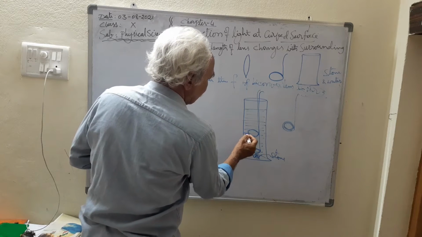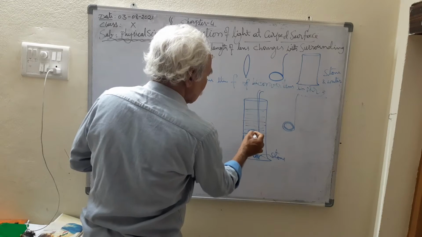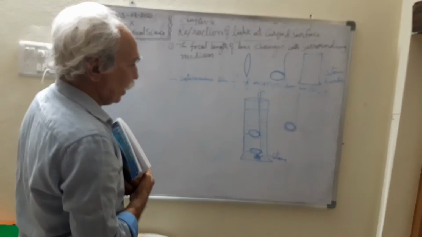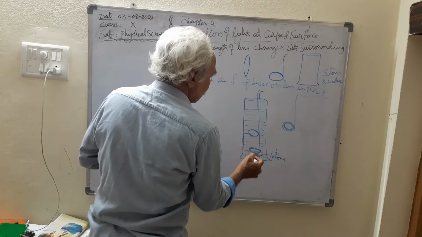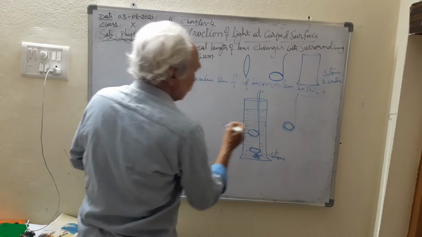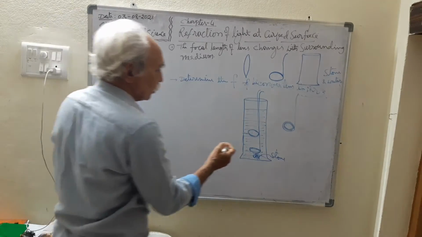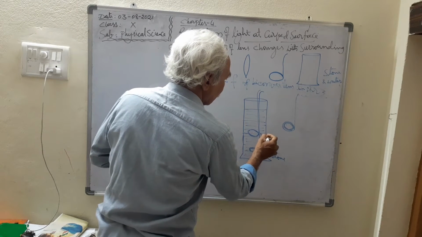Now measure the height from the stone to the lens. That is called the distance of the object. So you find where you get the image, and that indicates the focal length. Observe where you get the image clearly and mark it.